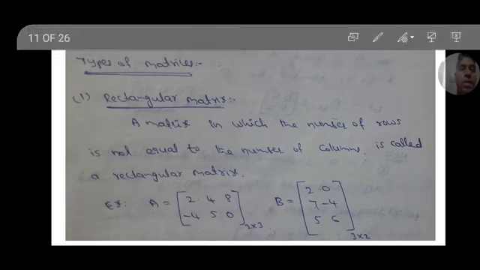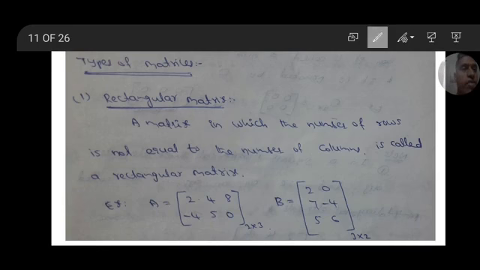Rectangular matrix: a matrix in which the number of rows is not equal to the number of columns is called a rectangular matrix.